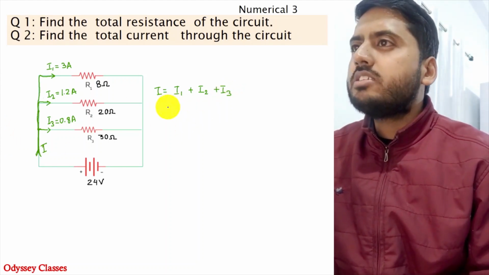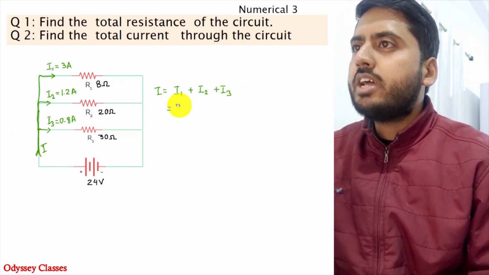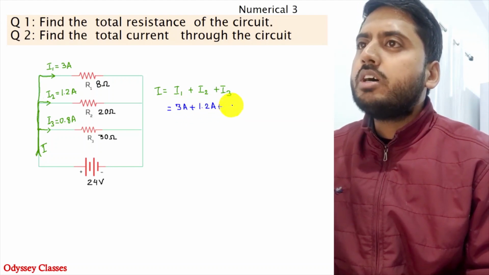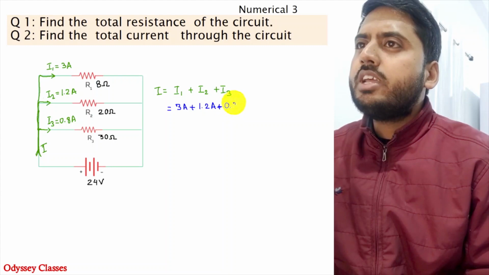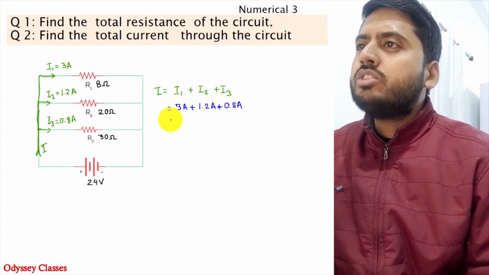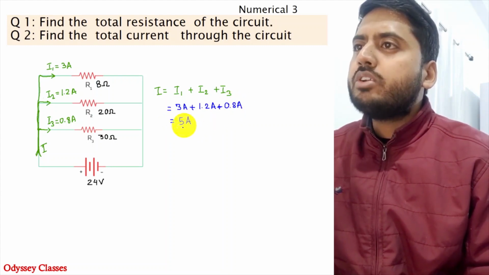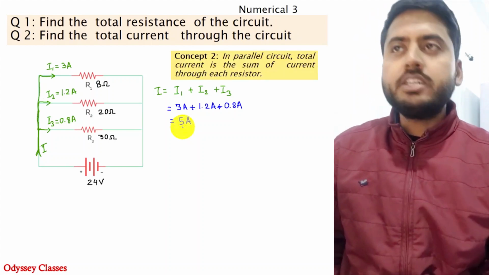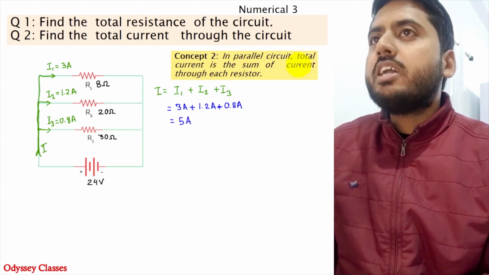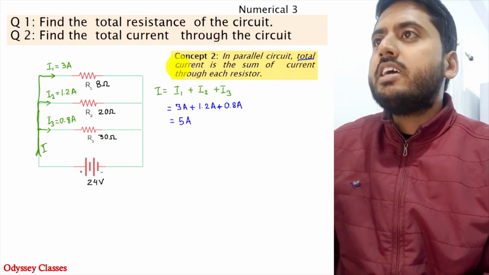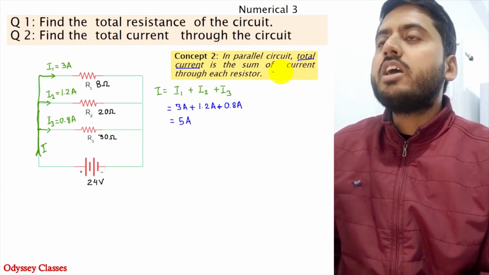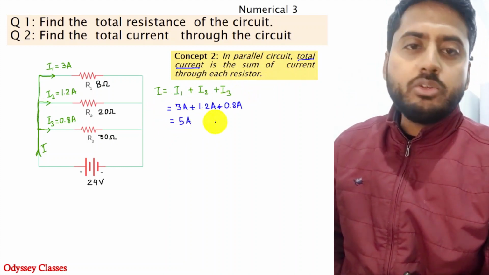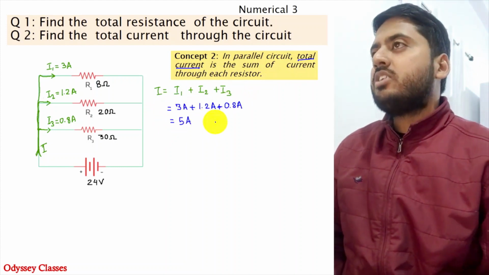We can write this as 3 amperes plus 1.2 amperes plus 0.8 amperes. It's a good value. This is coming as 5 ampere. So remember the concept: in case of a parallel circuit, the total current is the sum of the current through each resistor. We just have to add all the values. This is done already now.